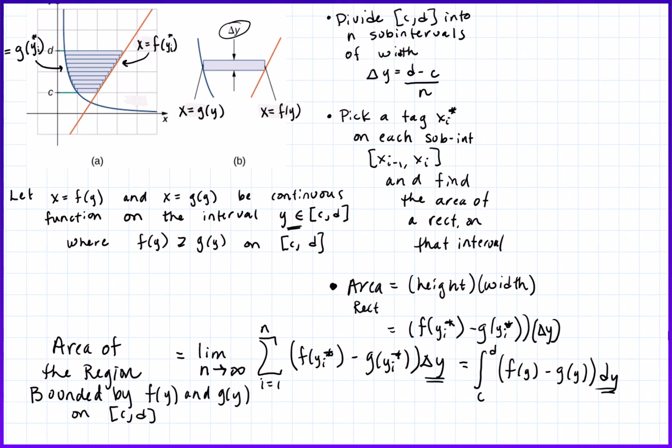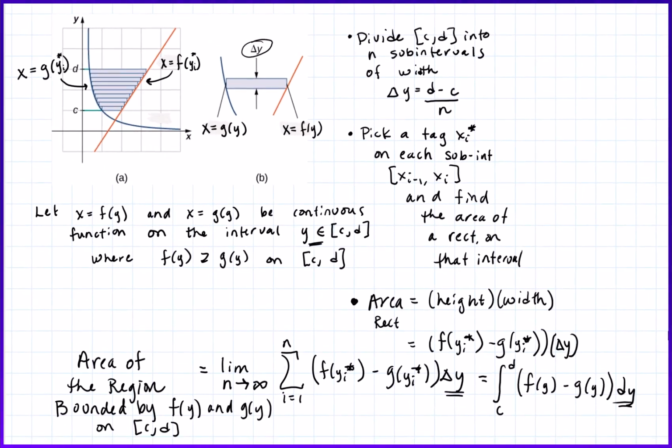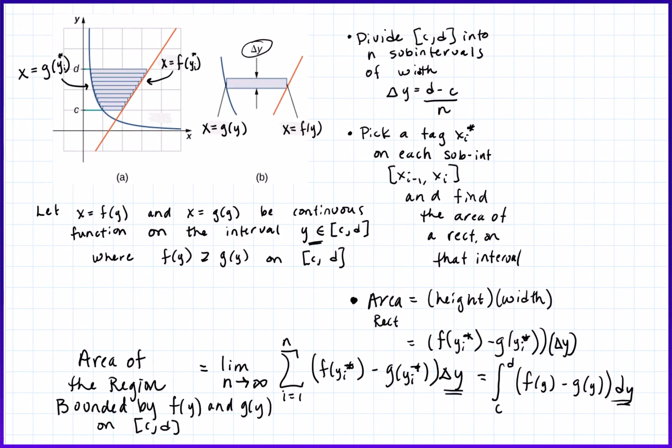We're going to do one last little notation here before I walk away from this image and this derivation. Just like before, when f of x is the bigger function than g of x, we called it the function on top and the function on the bottom. Here, because our orientation has changed to horizontal, the larger function is going to be the function on the right.